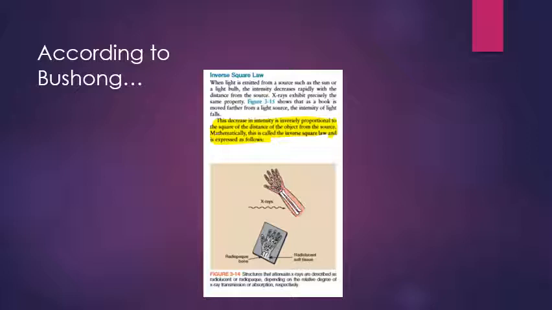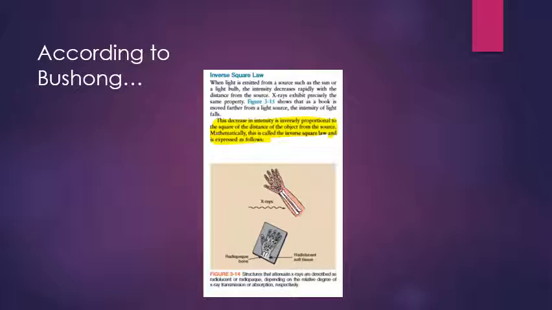So we already understand how the inverse square law works. But when I read these words, it's really hard to understand. So even at the top right here, it's easier to understand what Bushong is saying by not reading the part in yellow.